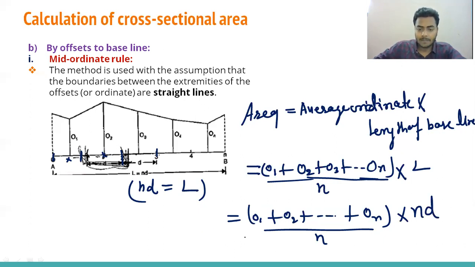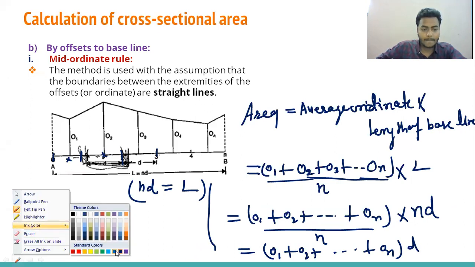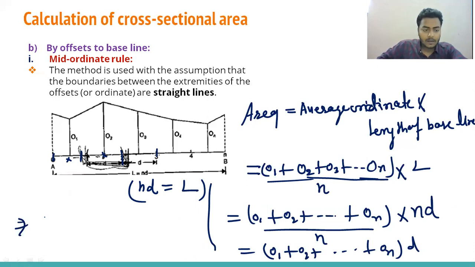So n will cancel and we can get O1 plus O2 plus On into D. In short form, we can write it like this also: summation of ordinates into D, or we can write D into summation of ordinates, right?